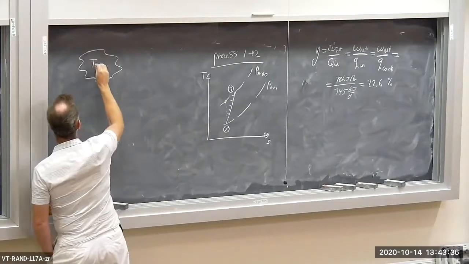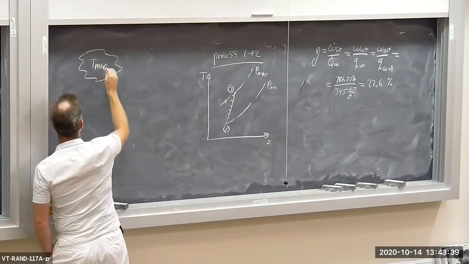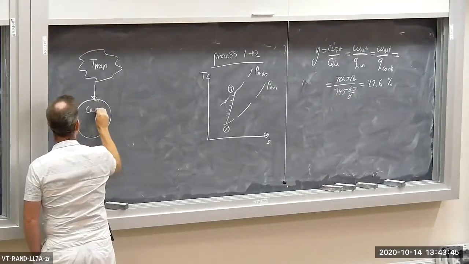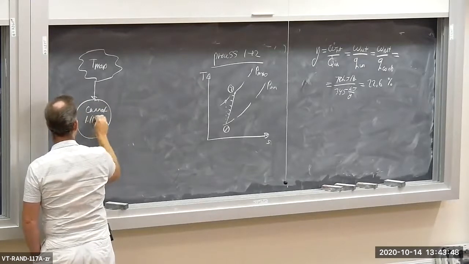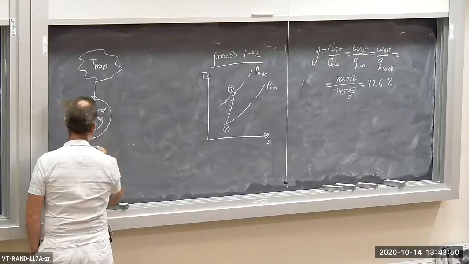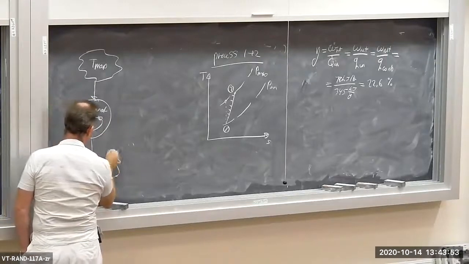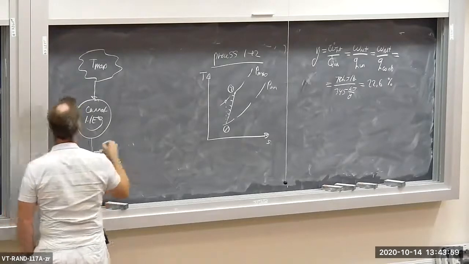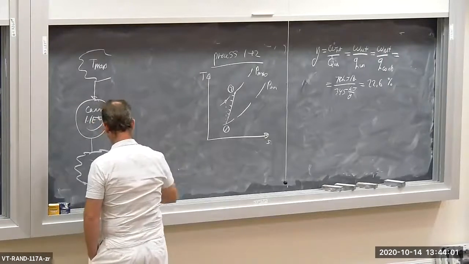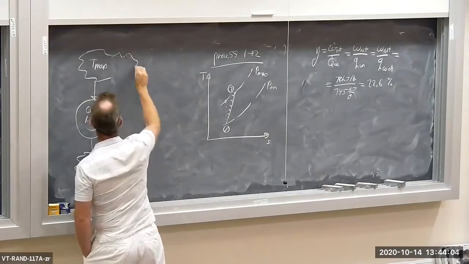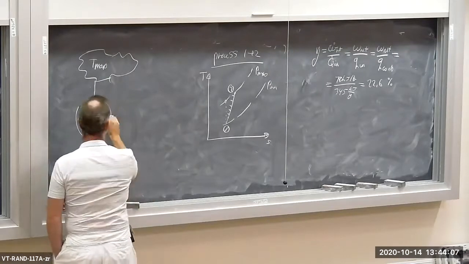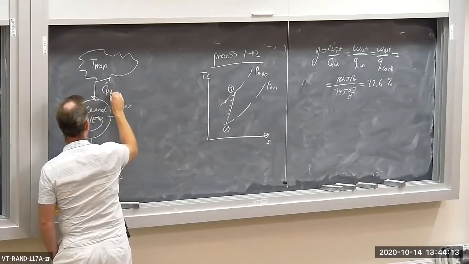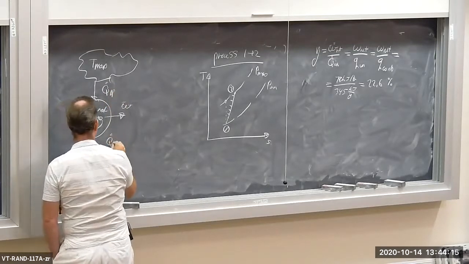So we have a Carnot heat engine operating between a maximum temperature in the cycle, T max, and rejecting heat at the lowest temperature in the cycle, T min. So it's producing W dot, taking in Q dot high, rejecting Q dot low.